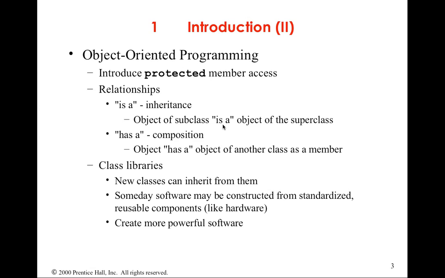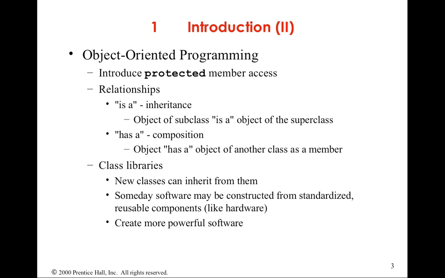I usually just refer to it as is-a option because a student is a person, so it doesn't have everything that a person has, which by default it really does. So we also looked at class libraries in this particular class, new classes which are inherited from other classes, and building hierarchies of classes. In fact, the collections class was a good example of that, where everything in the collections class builds upon a hierarchy.